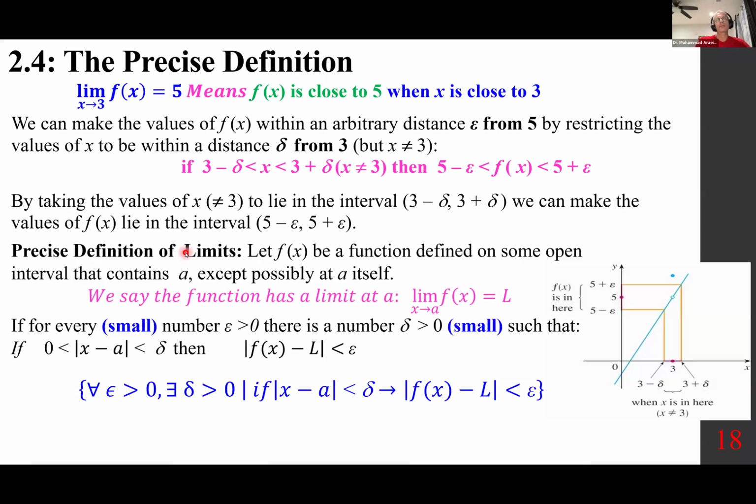Precise definition of limits. Let f of x be a function defined on some open interval that contains a except possibly at a itself.